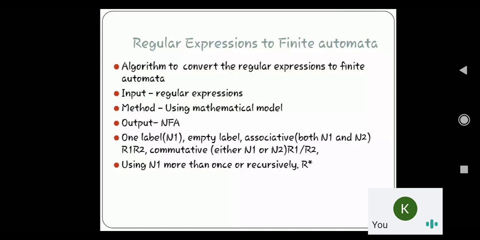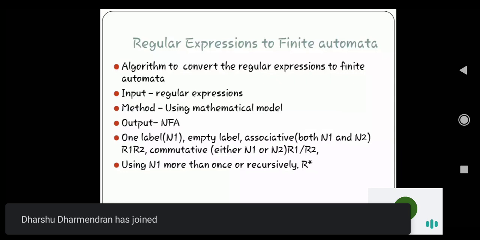Okay, here the important thing is we used to pass the label. We used to pass any label or any number of labels, but the condition here is it has to pass through both N1 and N2, and finally it has to reach the final state of N2.